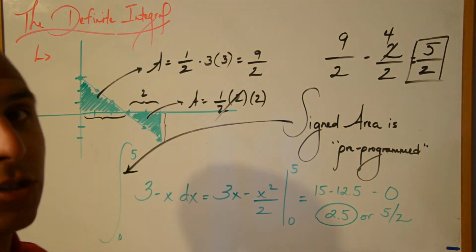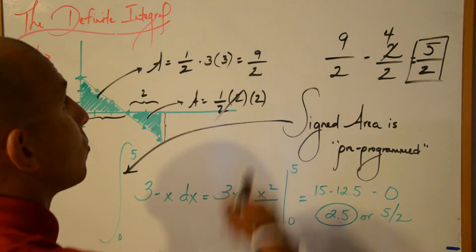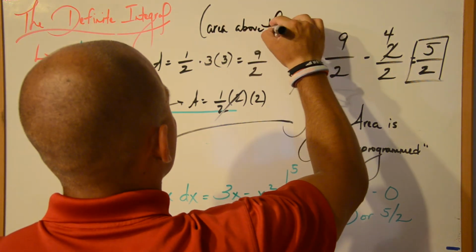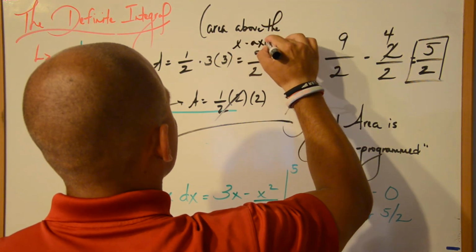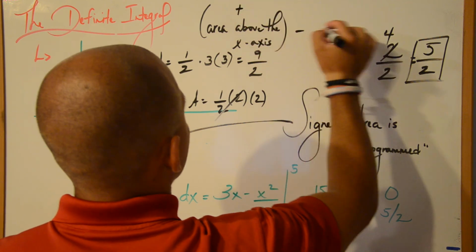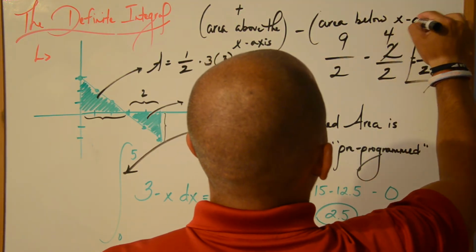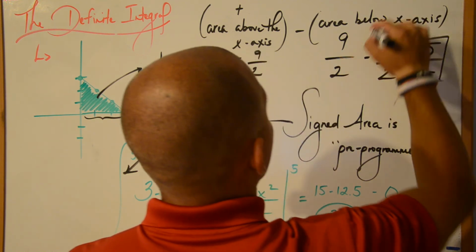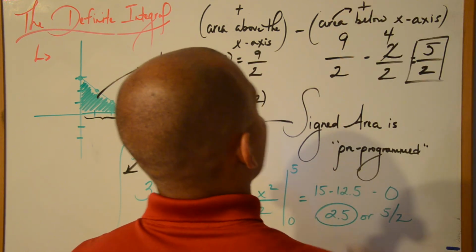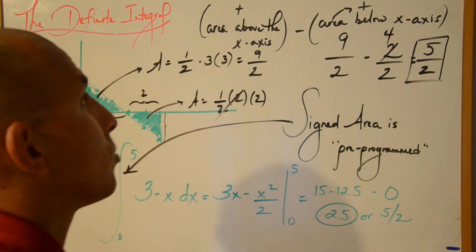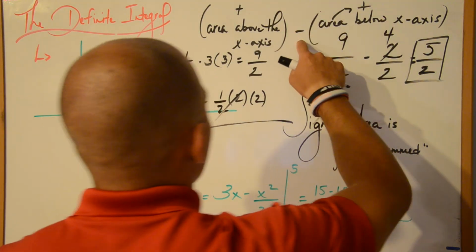into the definite integral. Right, so when we take this area above the x-axis, which is inherently positive, and we subtract from it the area below the x-axis, we're treating that as a positive concept, okay? So we're taking two positive values and subtracting them.